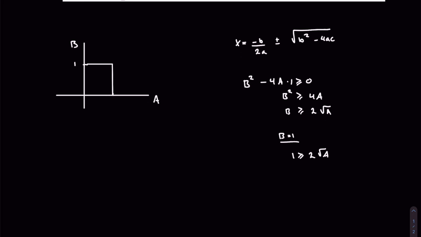We're now approaching some additional information that we are going to get from this little function here. So when will this curve hit b equal to 1? Let's figure that out by writing, if b equals 1, then we have 1 equals 2 square root of a.